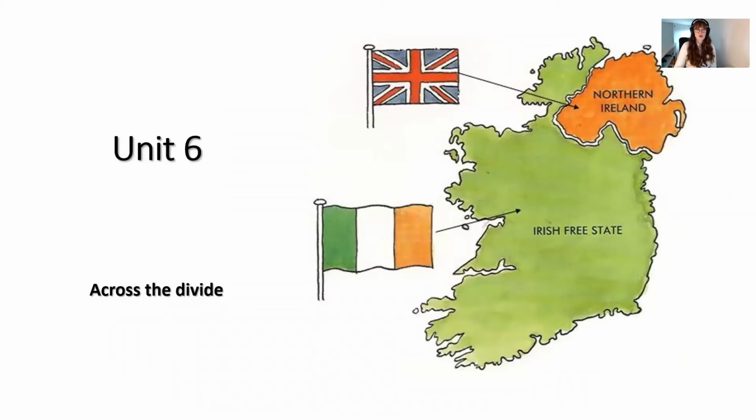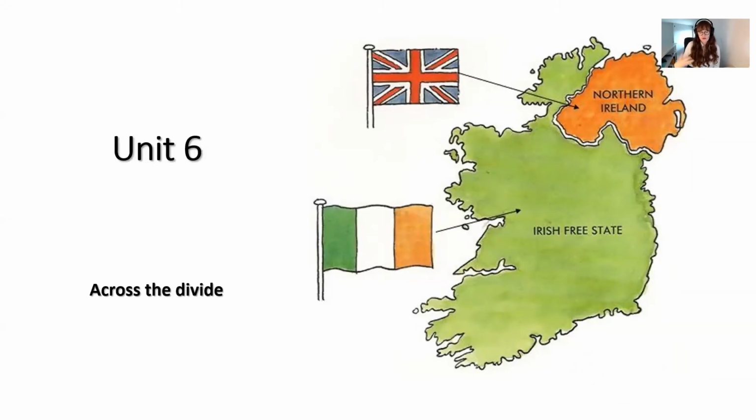Just coming back to our map of the island of Ireland, you see that there is a separation between Northern Ireland and the Irish Free State. Traditionally, the Irish have been in majority Catholic, while British people are, again, in the majority Protestant.